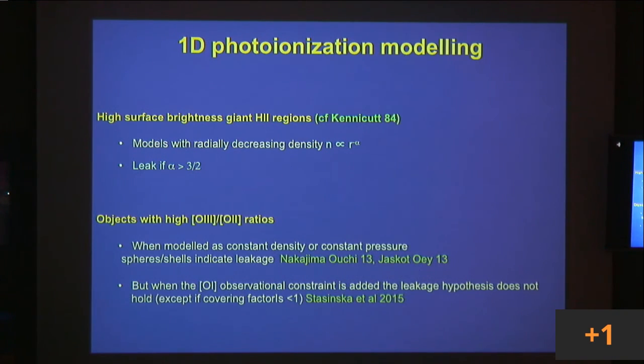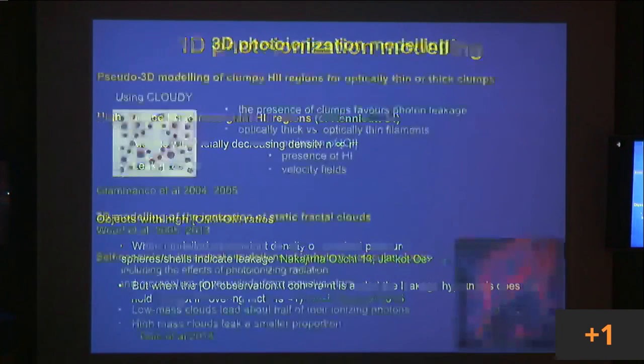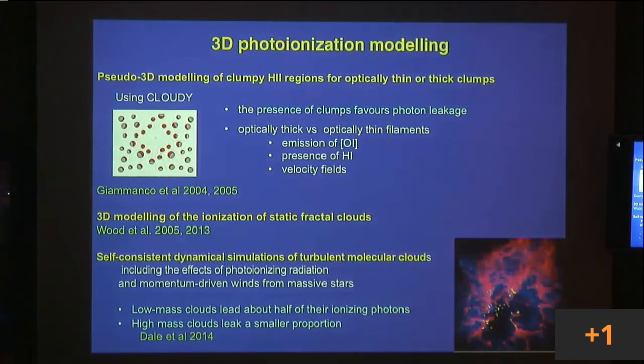Now, people have said that objects with high O3 to O2 ratios may be leaking out because, okay, the O2 zone is not complete. But this argument is not correct because they forget about looking at what is O1. But on the other hand, you may have covering factors smaller than 1. And there have been what I call 3D photoionization models, which take into account the complicated distribution of the blobs.